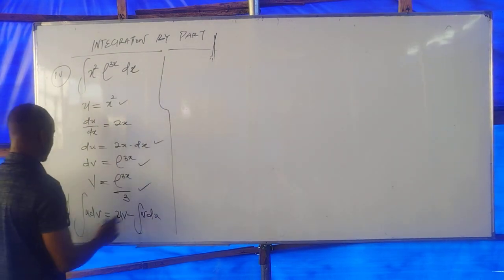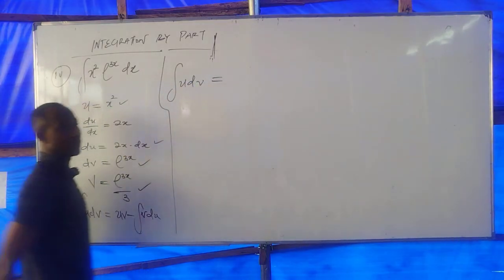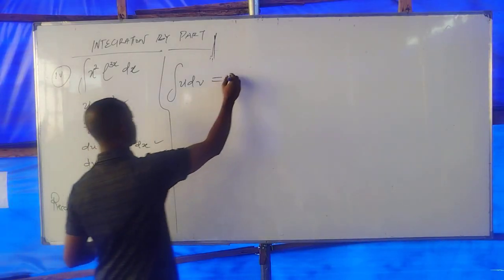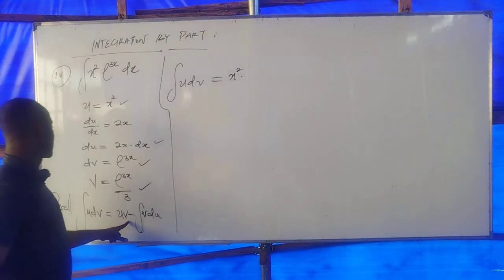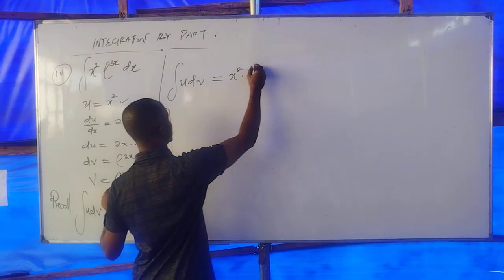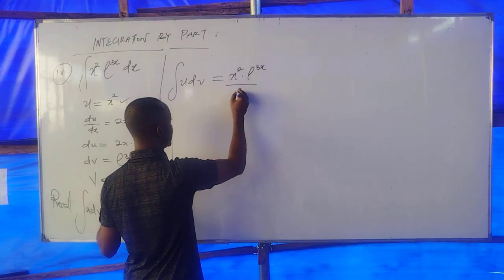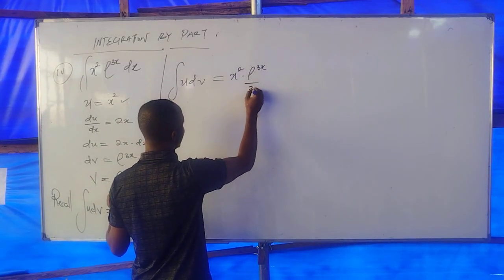Our formula says, let's go, the integral of u dv is equal to, let's put the values, what's our u? Our u is x squared, dot, our v is exponential 3x over 3, right? Hope you're aware. Let me put this over 3 so I will not be confused.